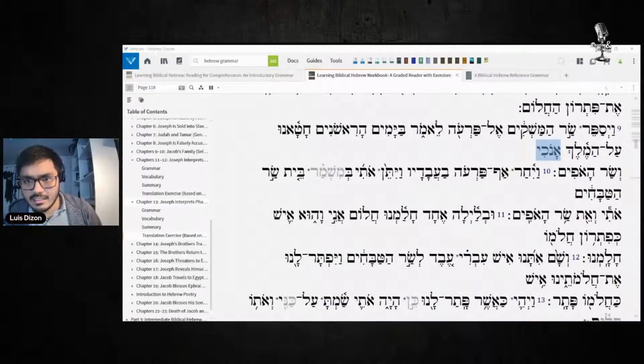This is a Qal infinitive from amar, which is to say. So the infinitive, basically, you want to translate it as to. So to say, or saying. In this case, saying is more appropriate for the context. Chatanu, I already explained that. It's a Qal, just FYI.